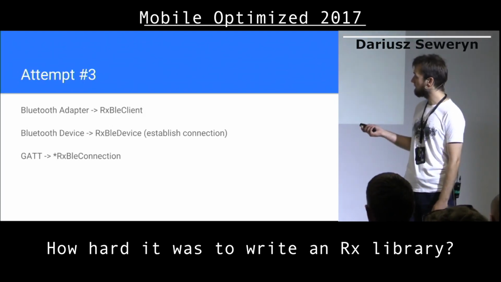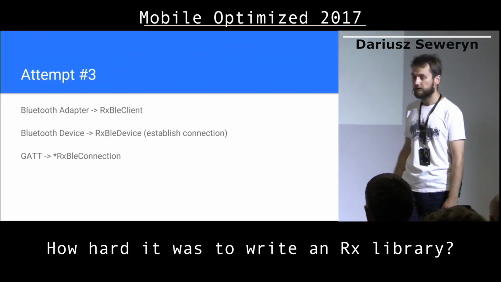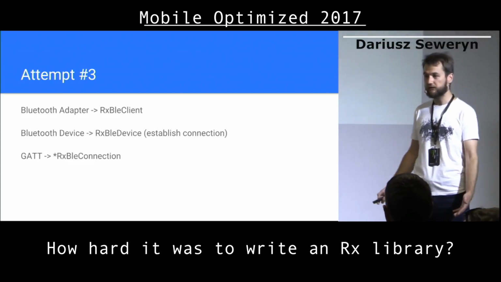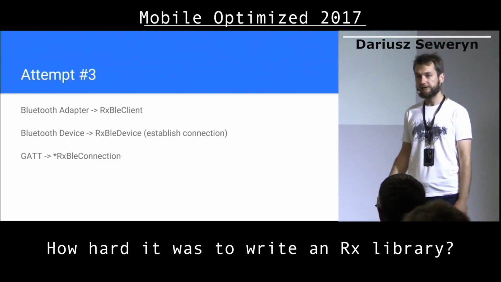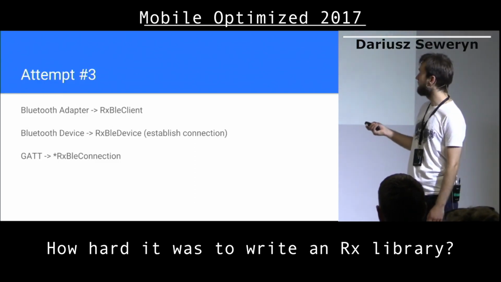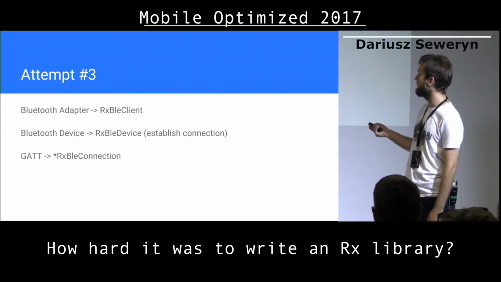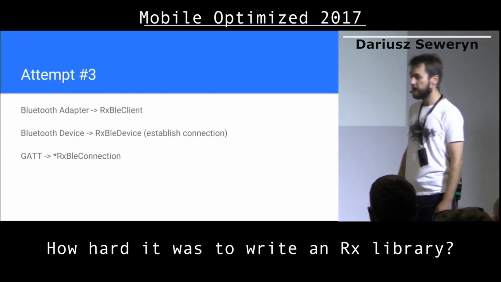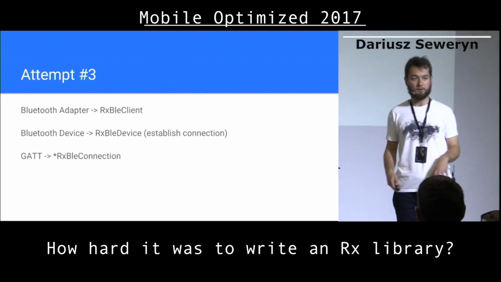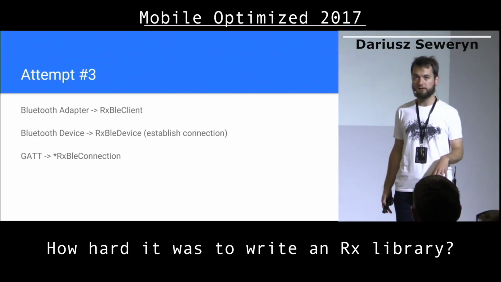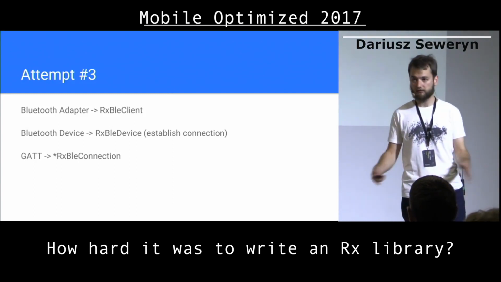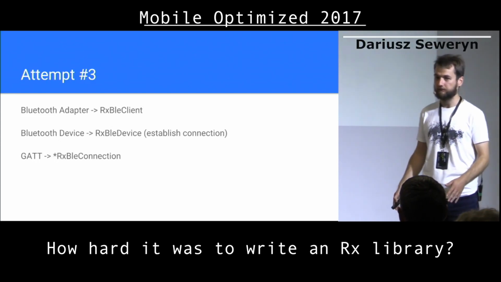And the connection itself stopped being something that is always there. The connection is only a result of an emission of calling RxBLE device establish connection. In this situation, this is a purely functional approach, which does not have any side effects. Just call the function and get the connection.